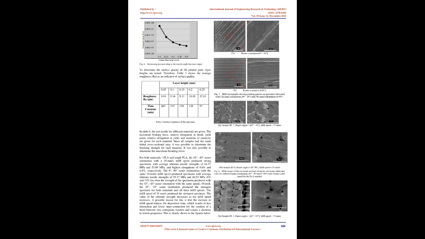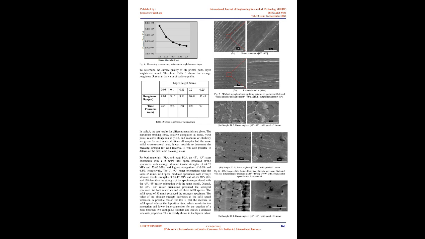The 0 degrees, 90 degrees raster orientations with the same 35 mm/s infill speed produced specimens with average ultimate tensile strengths of 59.17 MPa and 46.93 MPa, 8% and 12% less than the strength of the specimens produced with the 45 degrees, -45 degrees raster orientation with the same speed.